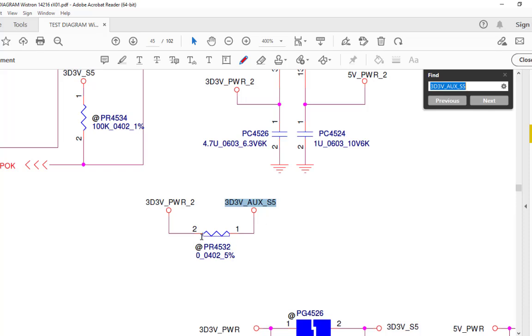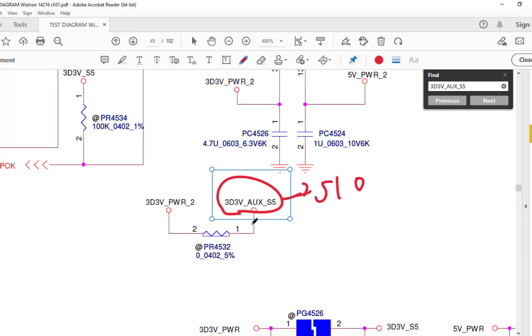Here is one small resistor called PR4532, and the value of this resistor is 0. 0 means nothing is there, that point is short. So this is 3.3 volt, and this voltage is going to the SIO. Now this voltage is coming from here. So 3.3D3V underscore PWR underscore 2.